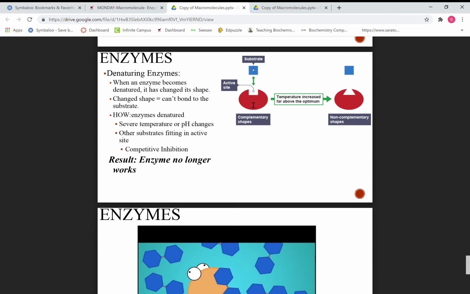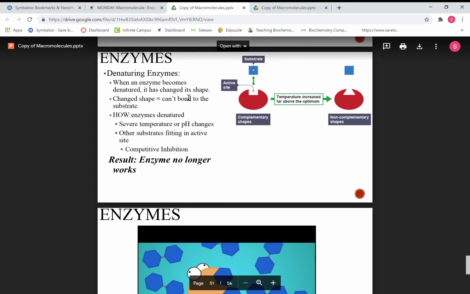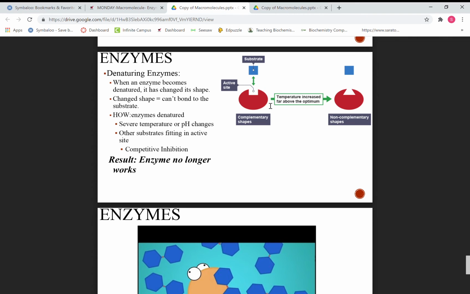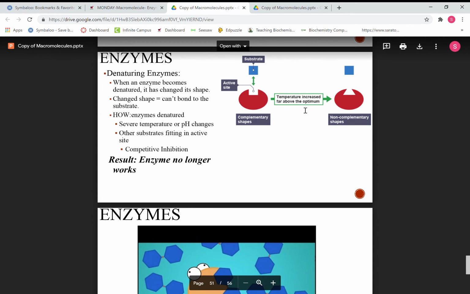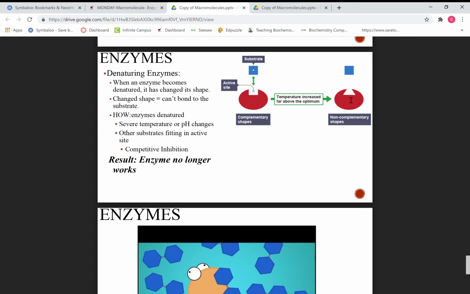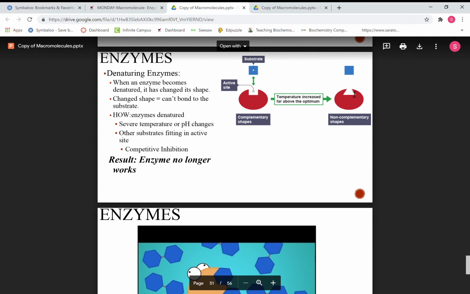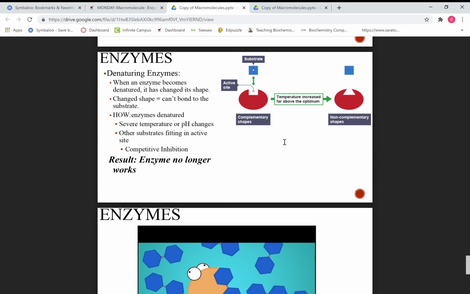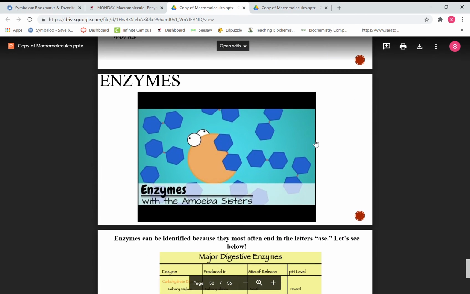So if we look at this one, when you say denature, what happens is these two normally would fit together just fine. As we increase the temperature above the threshold of what the enzyme can handle, it causes the enzyme to lose its shape. This shape then prevents the substrate from being able to fit into the active site. So then the enzyme is useless. It doesn't do its job. So that is what denaturing enzymes are.